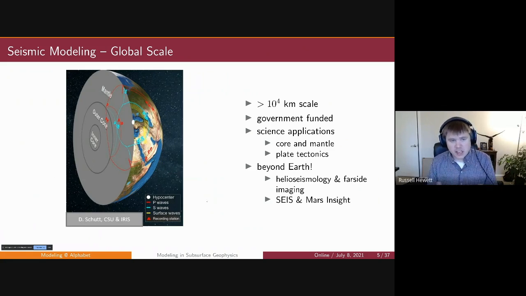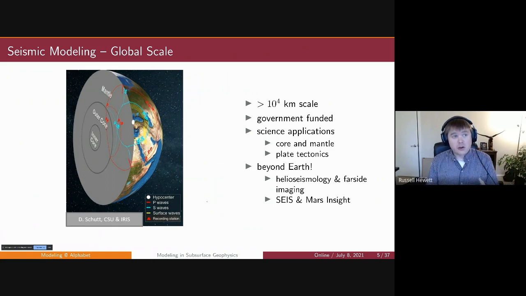a couple of different scales of our problem. So when we talk about seismic modeling, we could be talking about it at the global scale. And so this is looking at essentially the whole Earth planetary seismology, where waves traveling through the subsurface interact with the mantle and the core, and so on.